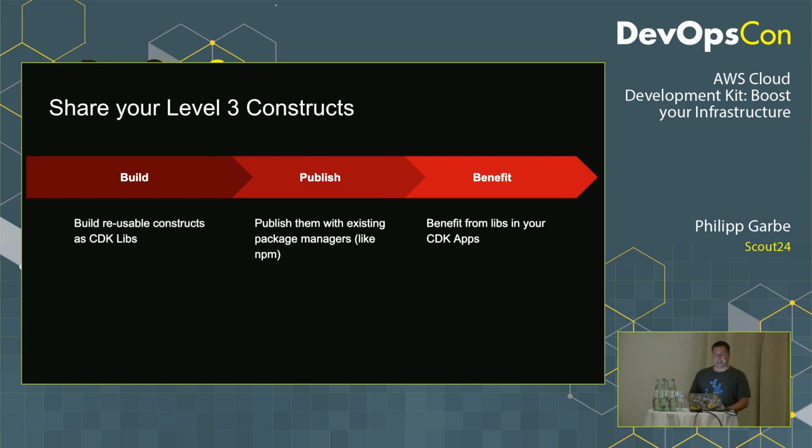And where I see then the most benefit is when you share your own level 3 constructs. This is not yet there, I think, but I hope that is coming. Because you can build your own constructs and share them as a CDK library. And you can use existing technologies, existing package managers, because that's what the CDK team is doing as well.